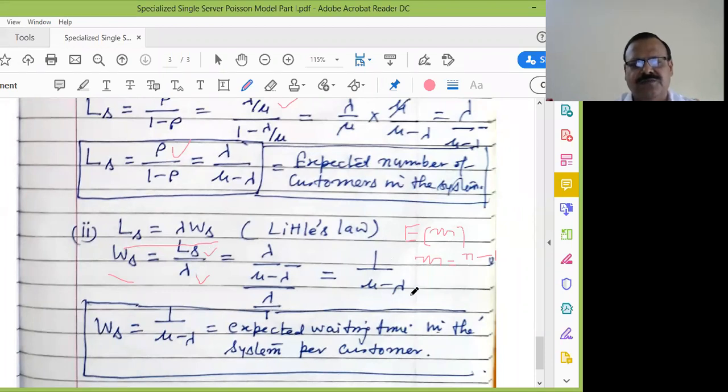So immediately after computing the Ls, we can easily compute the Ws, that is the waiting time per individual or per customer in the system. So here Ws is equal to 1 upon mu minus lambda. This is the expected waiting time in the system, per customer or per patient. So the first is obtained, the second is obtained.